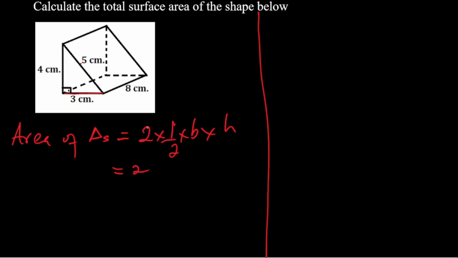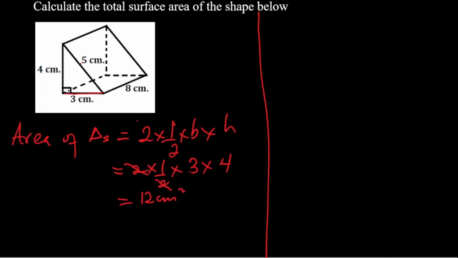So 2 times 1 over 2, the base is 3 and the height is 4. The 2s cancel, leaving 3 times 4, which is 12 centimeters squared. So that is for the triangles.